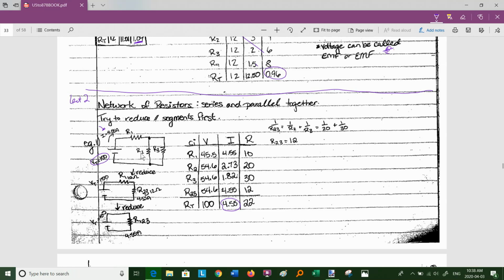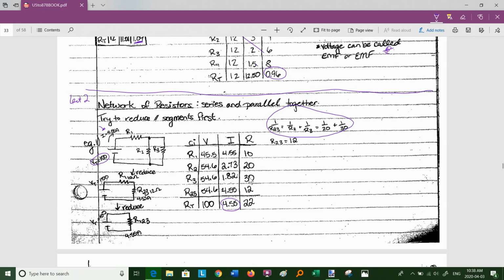So let's go back to the original drawing here. The game starts by noting that resistor 2 and resistor 3 are in parallel, so I can get the equivalent resistance of resistors 2 and 3, which I can call R23. Because it's in parallel, I have this equation: 1 over R23 is 1 over R2 plus 1 over R3.